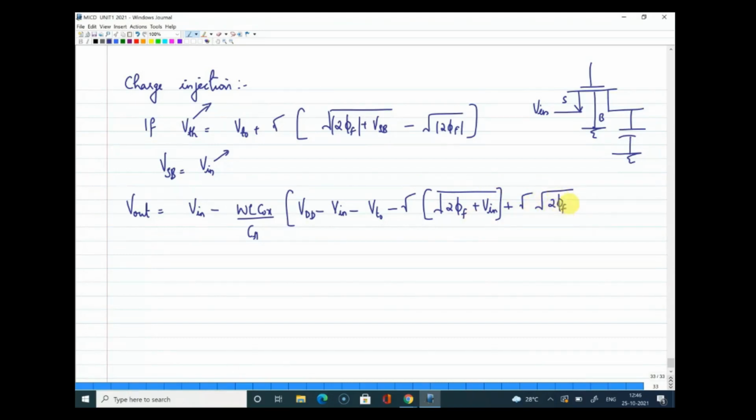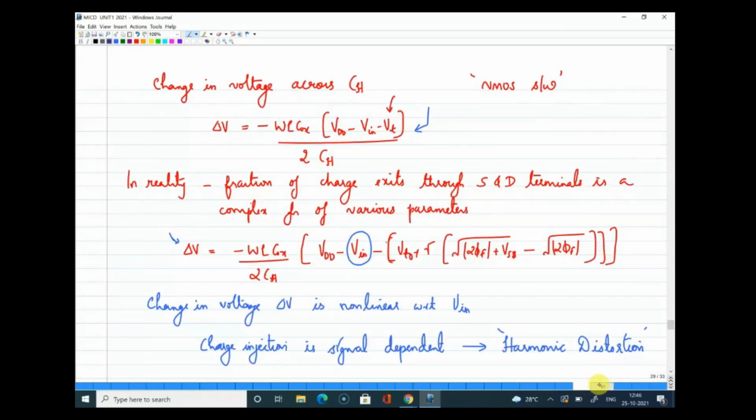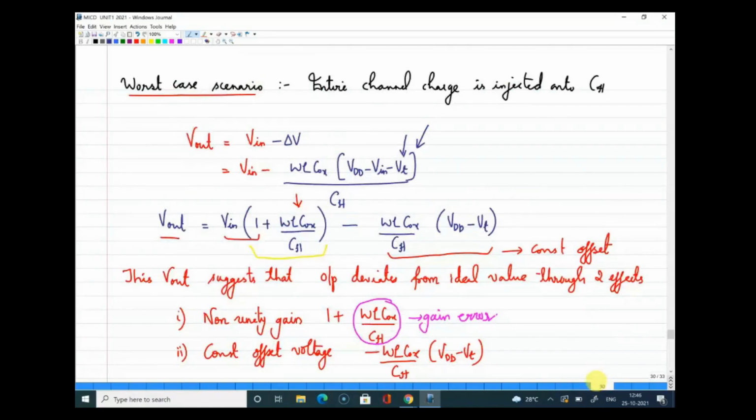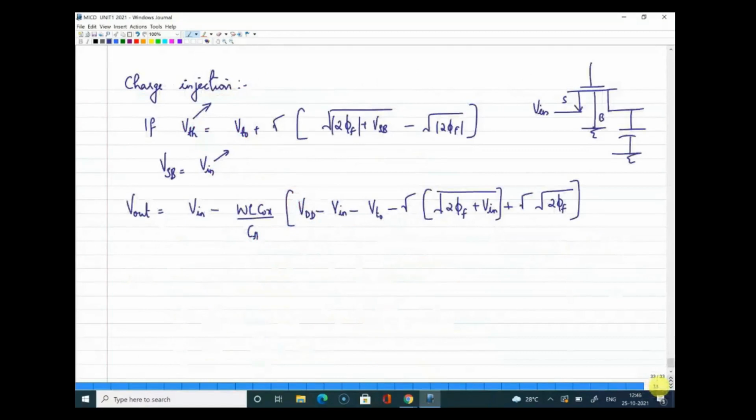I'm just writing the expression, nothing to worry. I have just inserted the Vt expression. Now this is the expression we have.